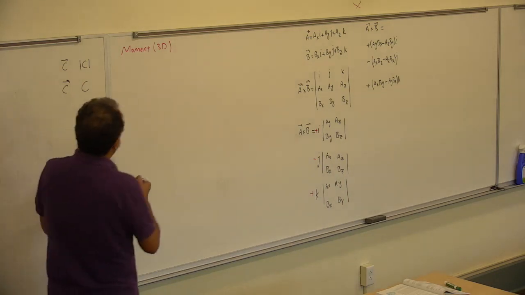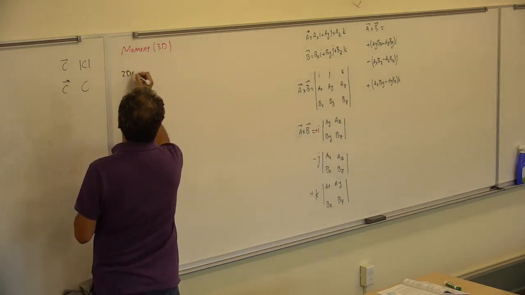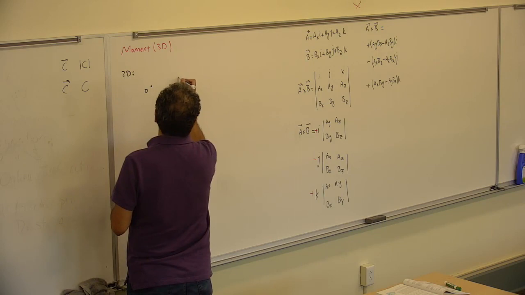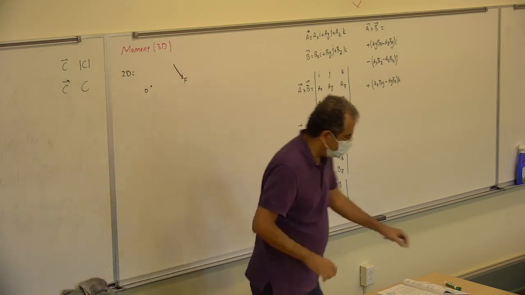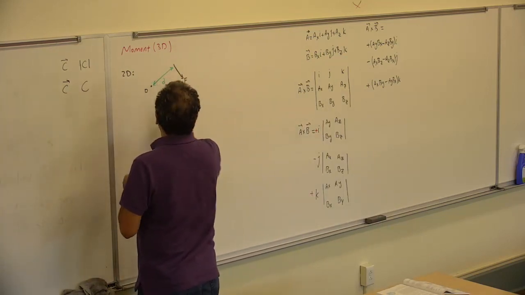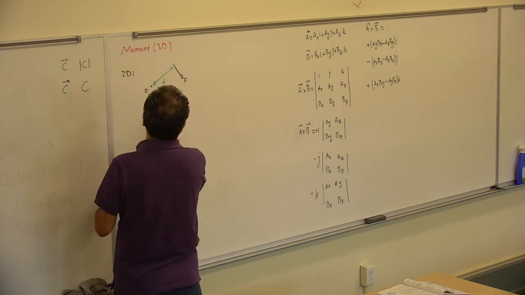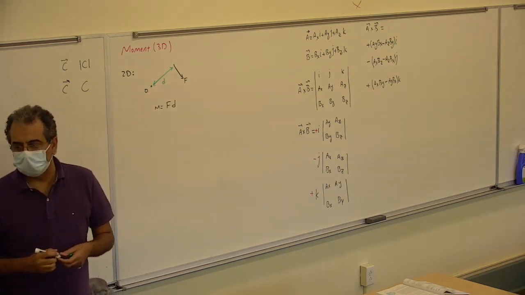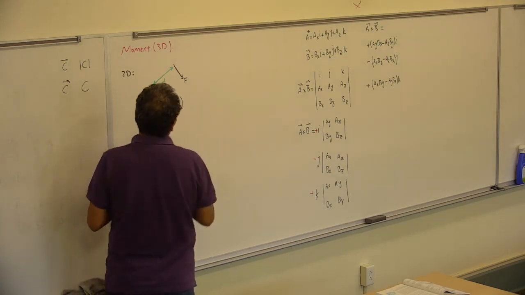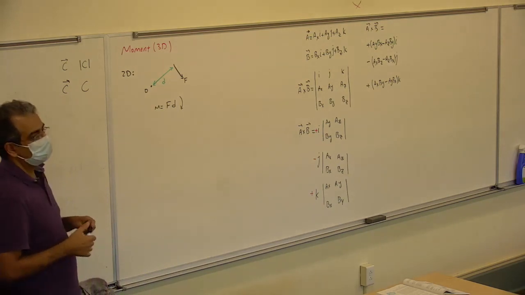In 2D, if I have a point O and a simple force F at a distance D, the moment was F times D. In this case it rotates counterclockwise, and in the other case it rotates clockwise.